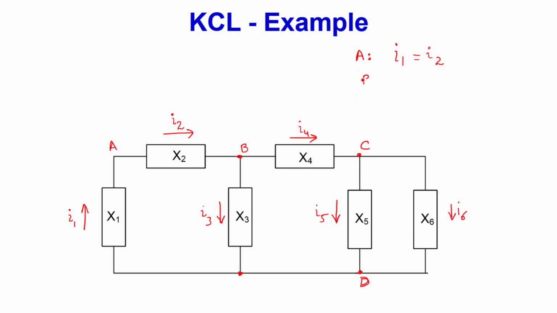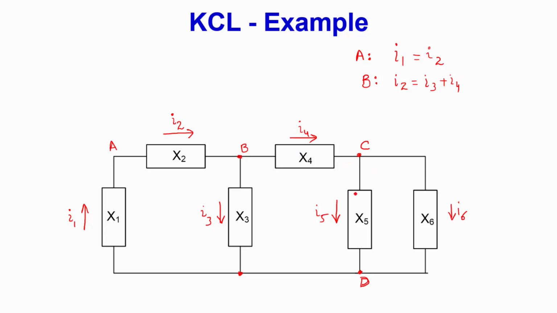For node B, we have 3 currents. So I2 is entering and I3 and I4 both are leaving. So entering current on one side, I2, and the sum of leaving currents on the other side. So I3 plus I4. Then for node C, again we have 3 elements.